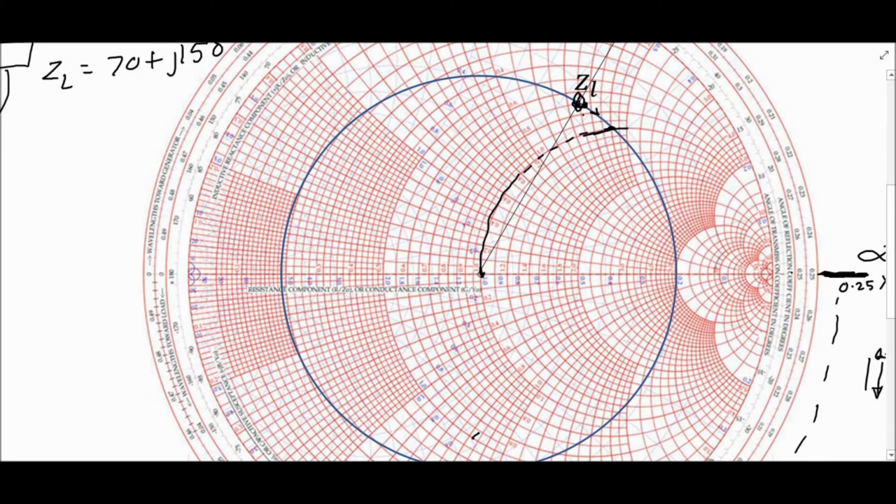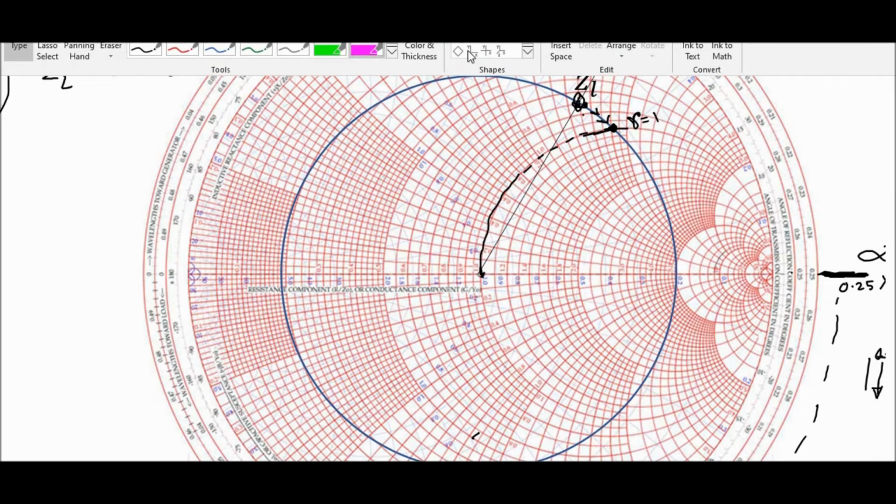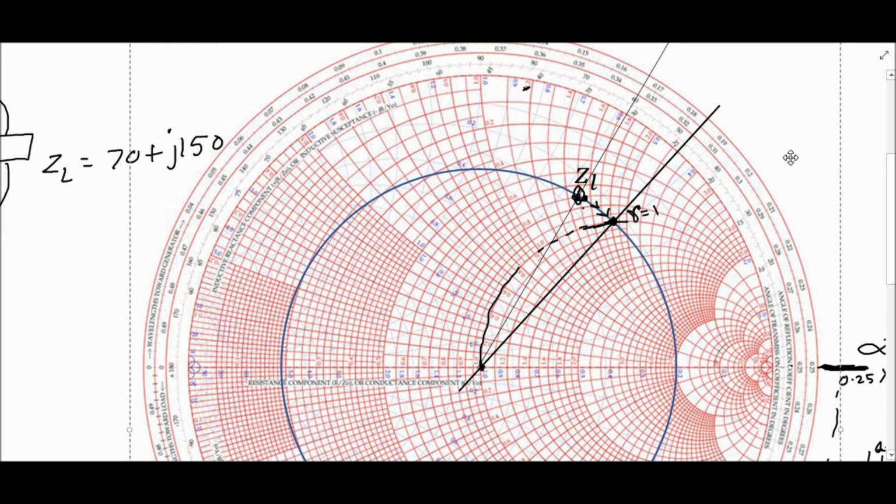Now let me draw a line here and find the distance from here to here. This is the distance ds. So the distance is this much.